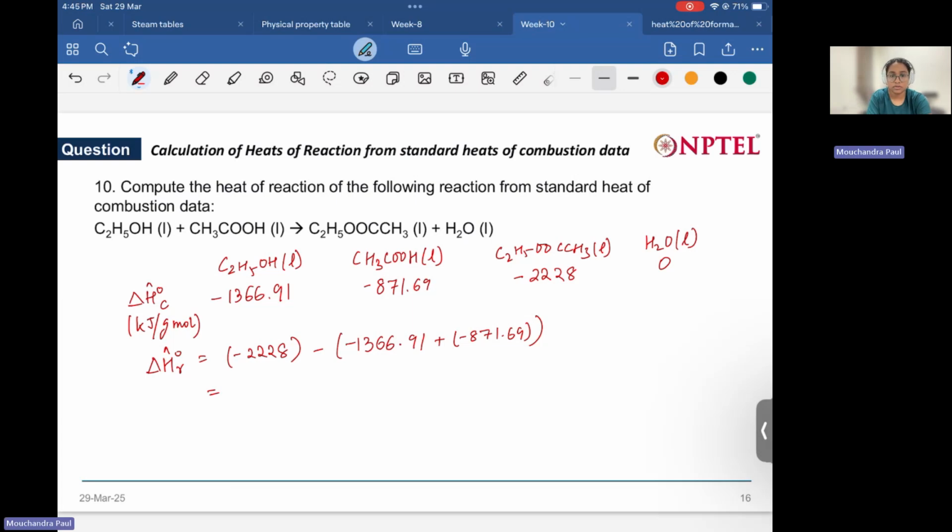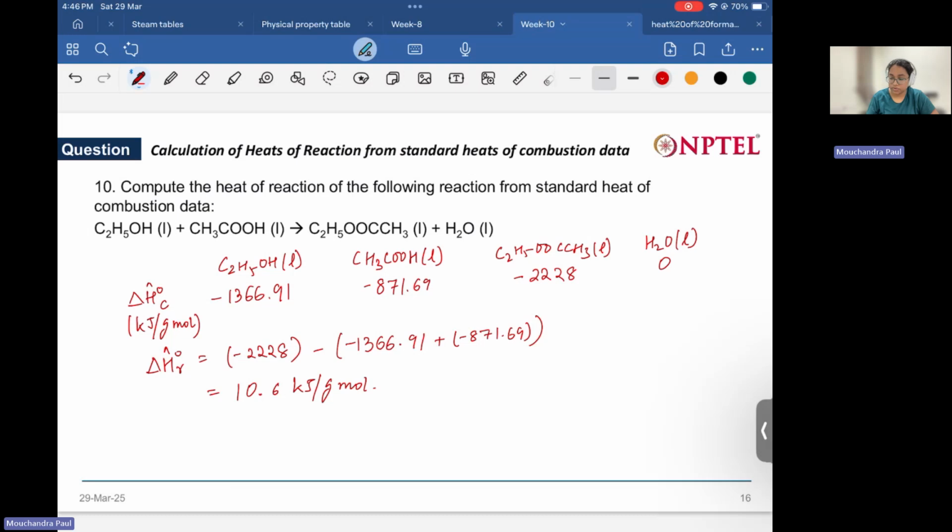So if we solve this, we should get, okay, the final answer is 10.6 kilojoule per gram mole.